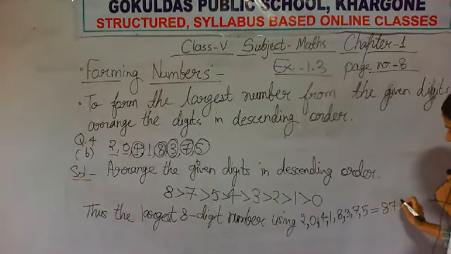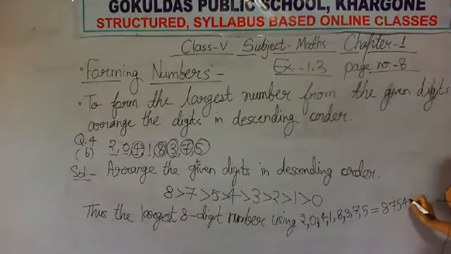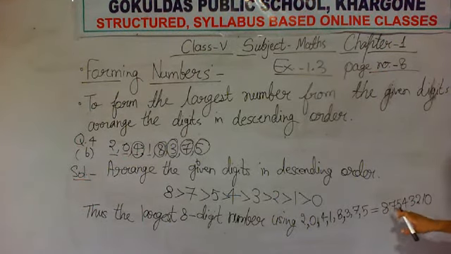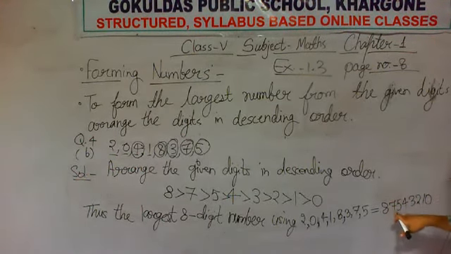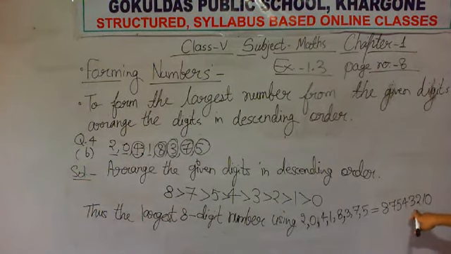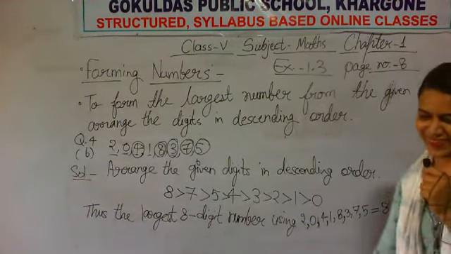So 8, 7, 5, 4, 3, 2, 1, 0. That is 8 crore 75 lakh 43,210. Okay.